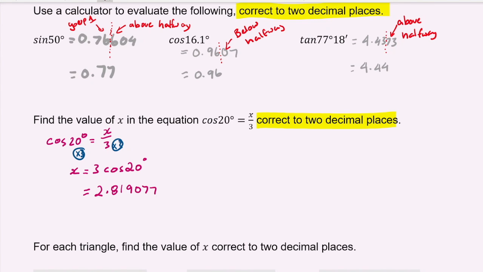Okay, so let's cut off at that second decimal place. Looking at this number here, well, that's 9, that's definitely above halfway.